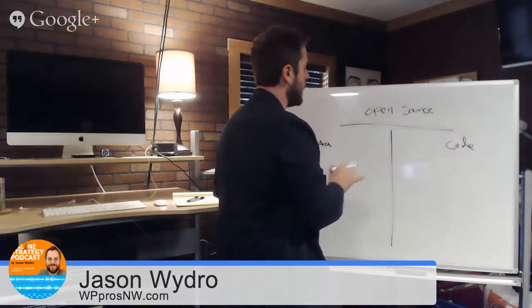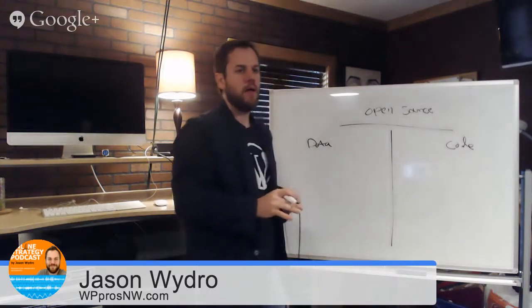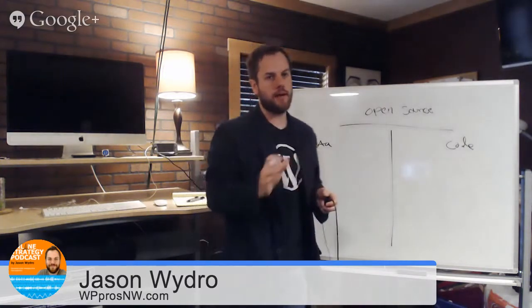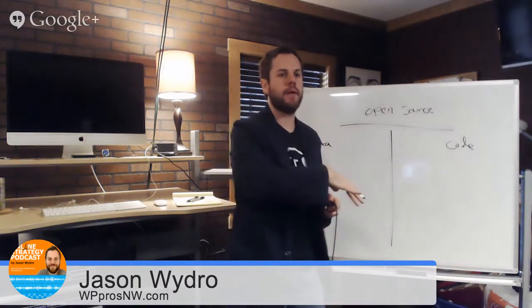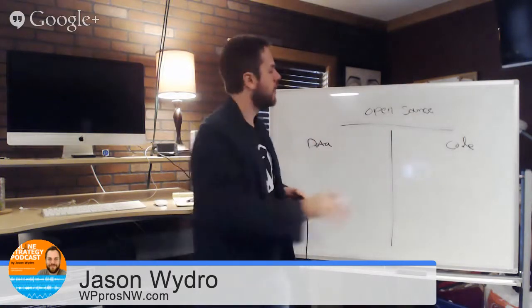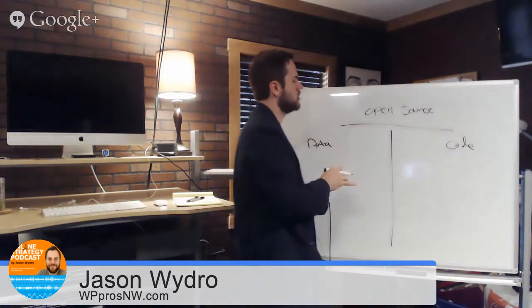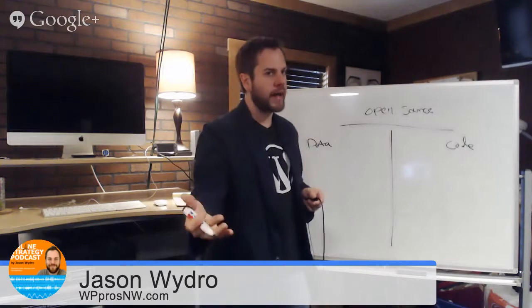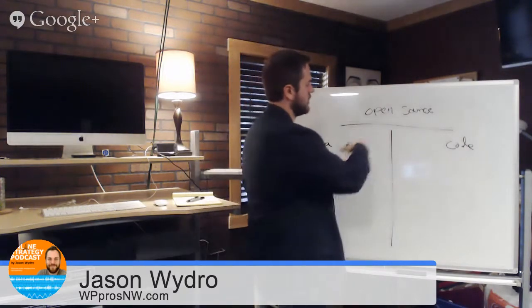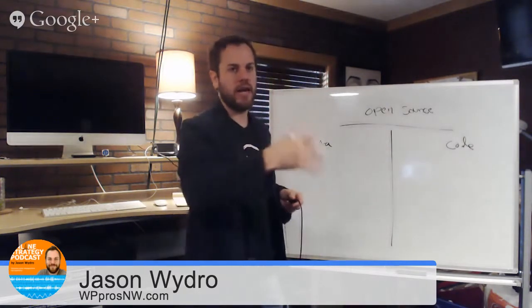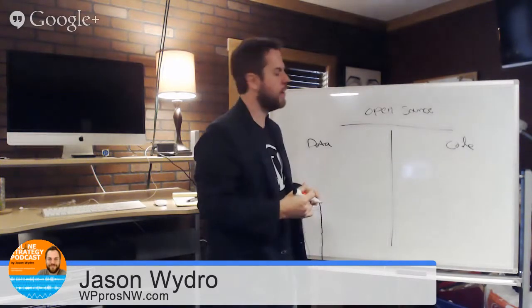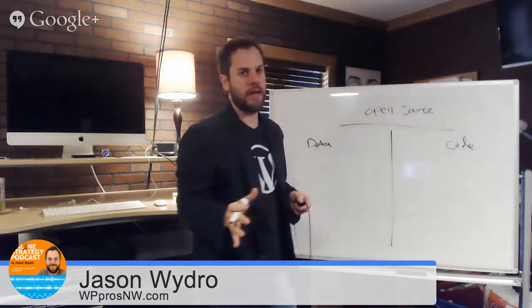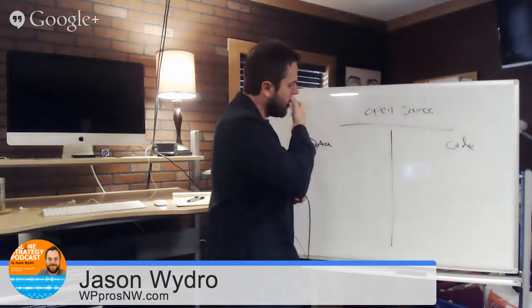And as a result of this, there are a tremendous amount of developers and programmers worldwide that are creating different applications, as we know, called plugins or themes that extend WordPress and change it, modify it, and do different things with it.